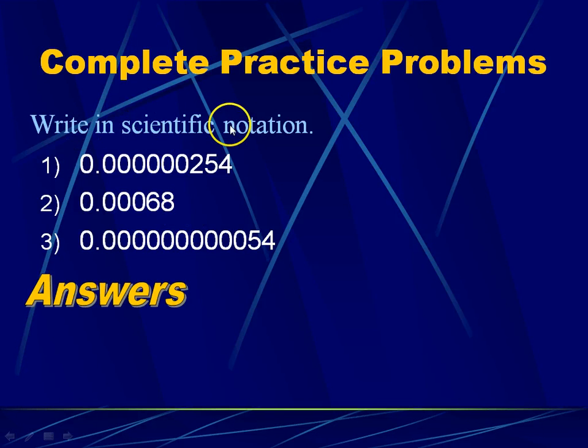So in scientific notation, this one would be 1, 2, 3, 4, 5, 6, 7. Should be 2.54 times 10 to the negative seventh. Got that one right. Number 2, 1, 2, 3, 4.